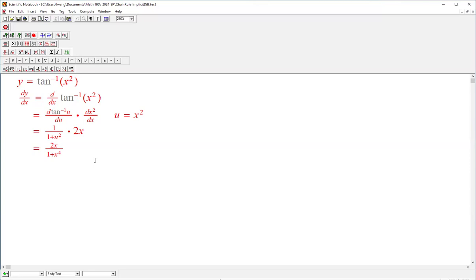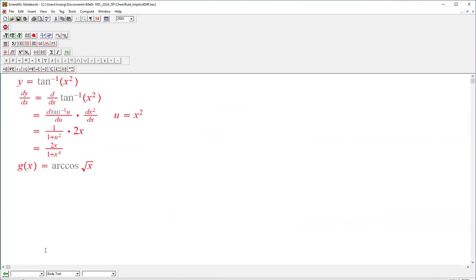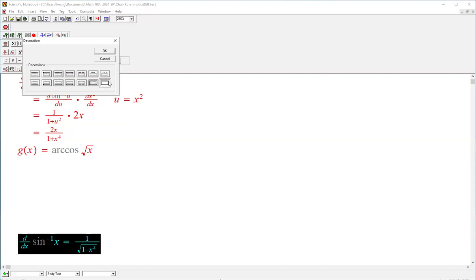Okay. The next example I'd like to go over is g of x equals arc cosine of square root of x. Okay. By the way, I can bring back the derivatives of arc sine, arc cosine together with us. So for our reference, I'm sure you can find these in your flashcard.